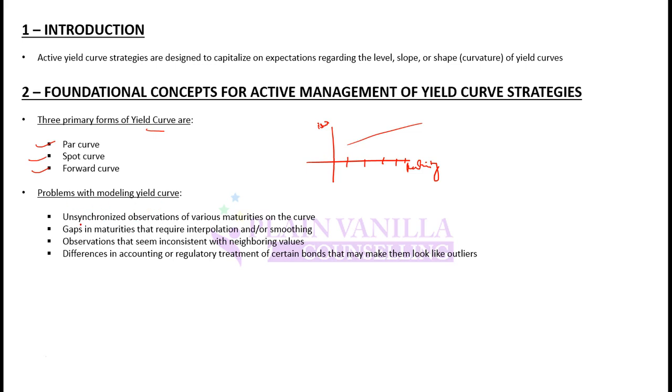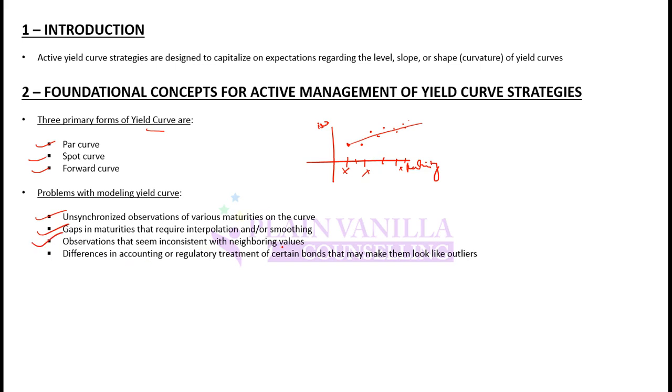Problems with modeling yield curve: unsynchronized observations of various maturities on the curve. That means various maturities might not be synchronized. So for example, maybe for this maturity this is the rate, for this maturity this, and then this, and moving like this. Gaps in maturities that require interpolation. So you may not have rates available for all the maturities. You may have for this one, and then this one, and in between you will have to interpolate or smooth out.